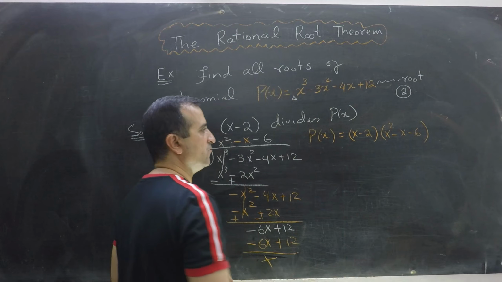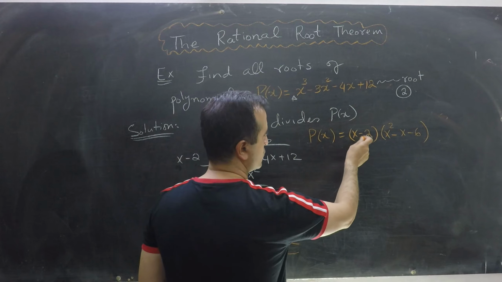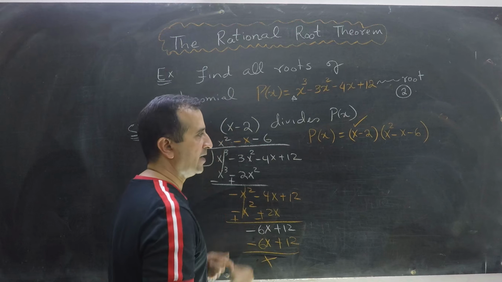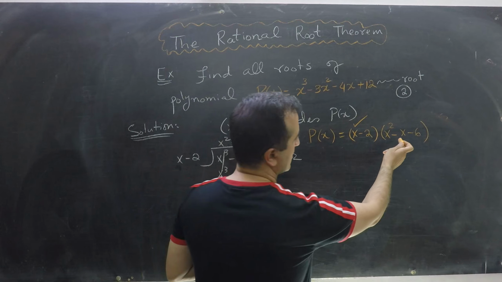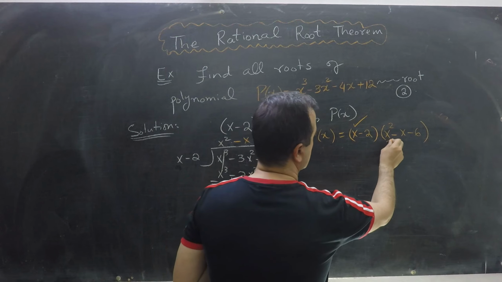I have already found one root of p(x), which is 2 from here. To find the other two roots, I have to find factors of this polynomial.